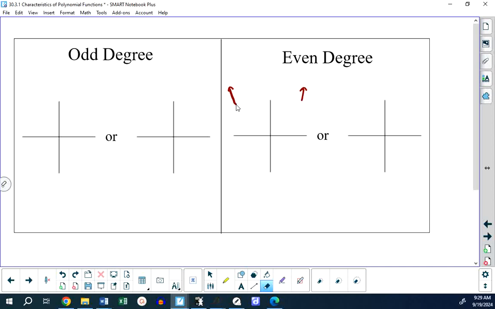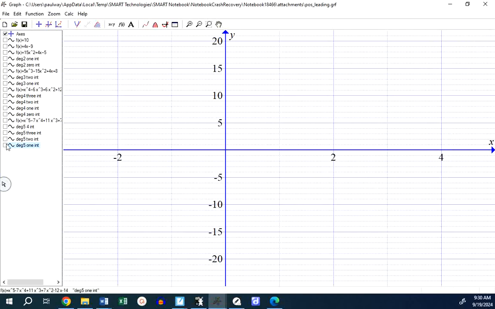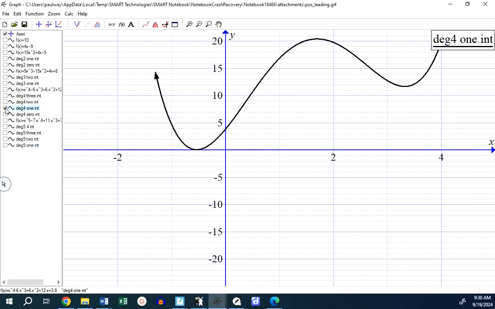Or, and we haven't seen this yet, but I will show them to you now. I don't know if you noticed this, but all of my even polynomial functions had both arms up, right?